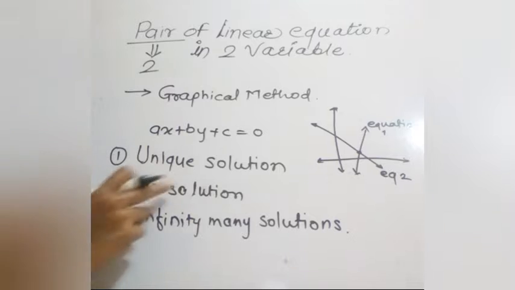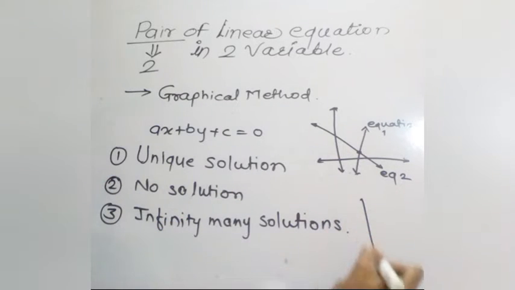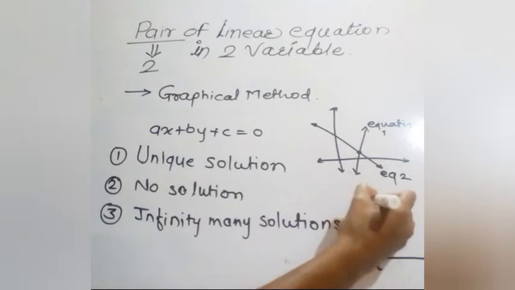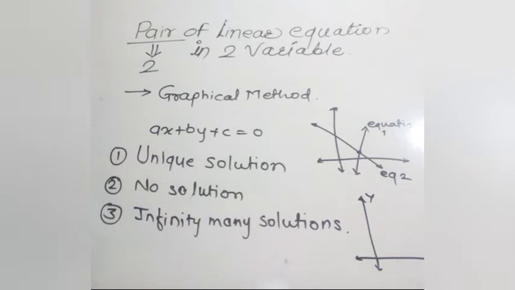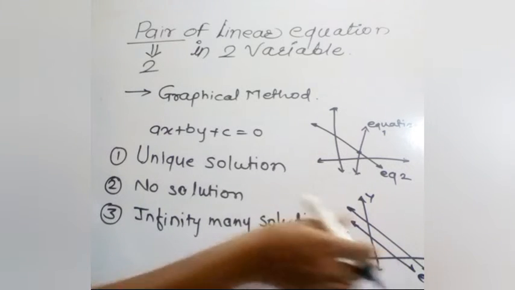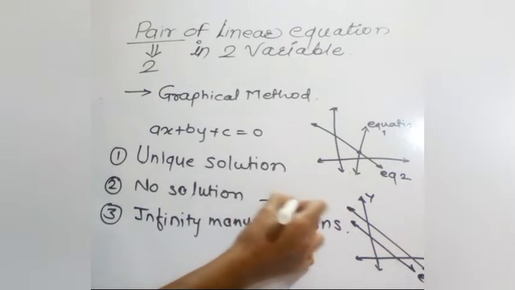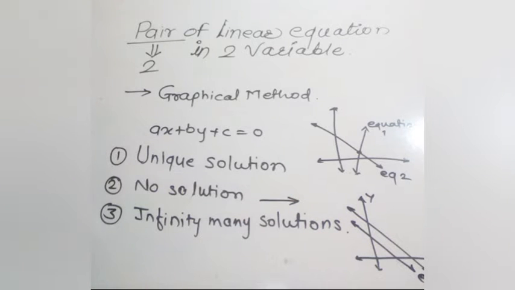And if the lines are parallel to each other, suppose this is the x-axis and this is the y-axis, and the two lines of the equations are parallel to each other, this is the line for equation 1 and this is the line for equation 2, then we can say the pair of linear equations has no solution.